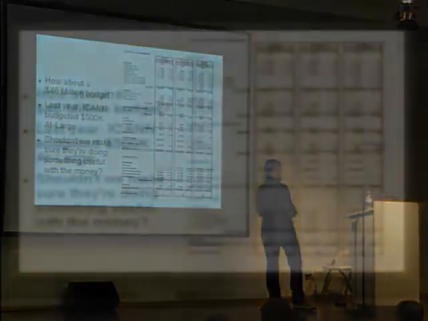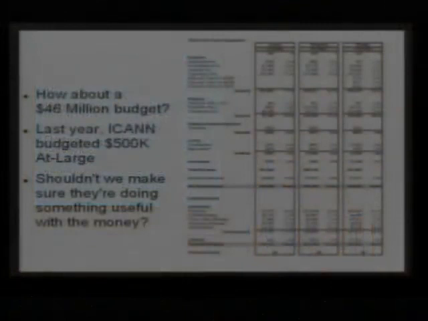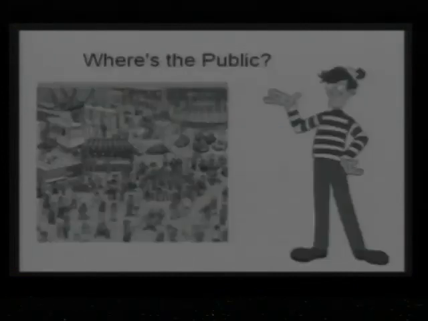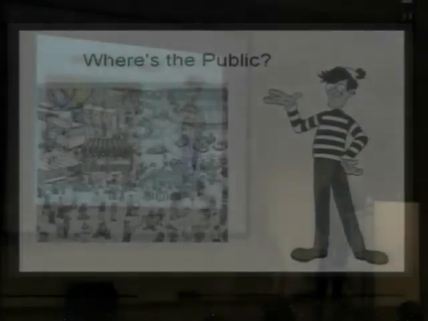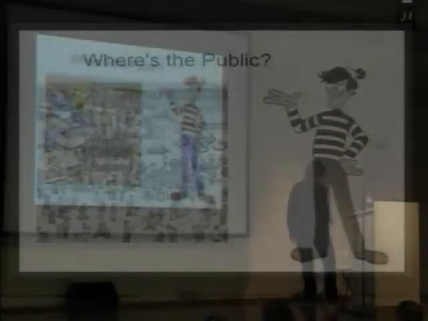Don't you think that a public benefit corporation should involve the public in that spending? Wendy, where is the public? Well, the money is there, but who controls it? A little bit like the old Where's Waldo books, it's hard to find the public in the set of structures that Icann has created.